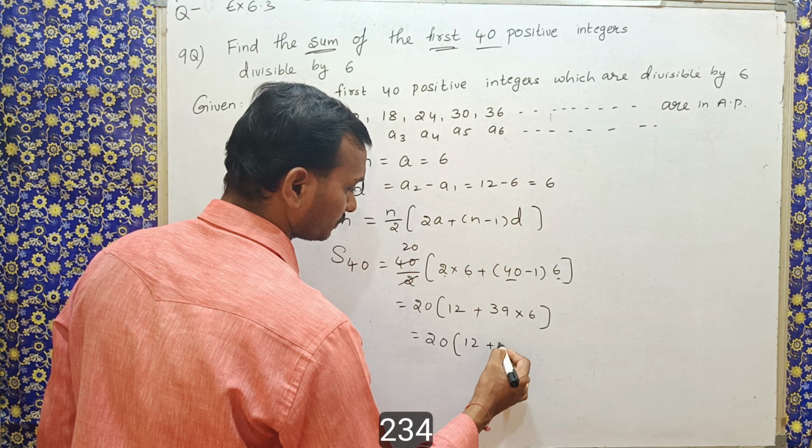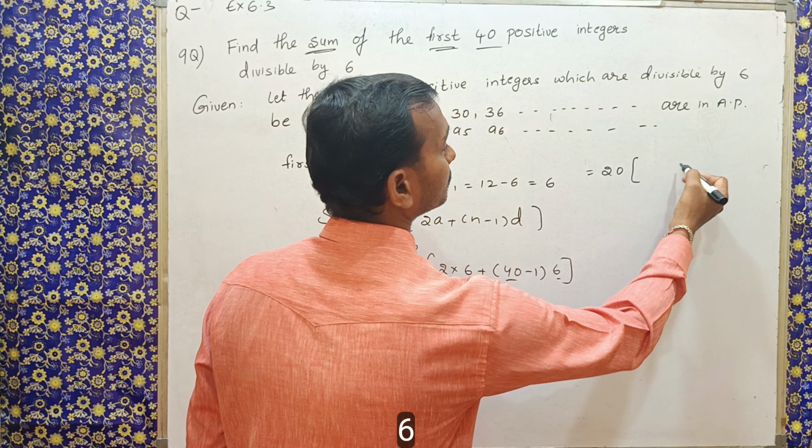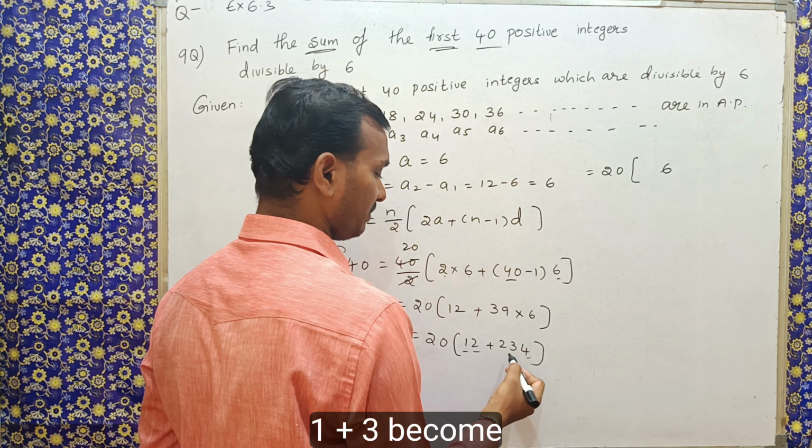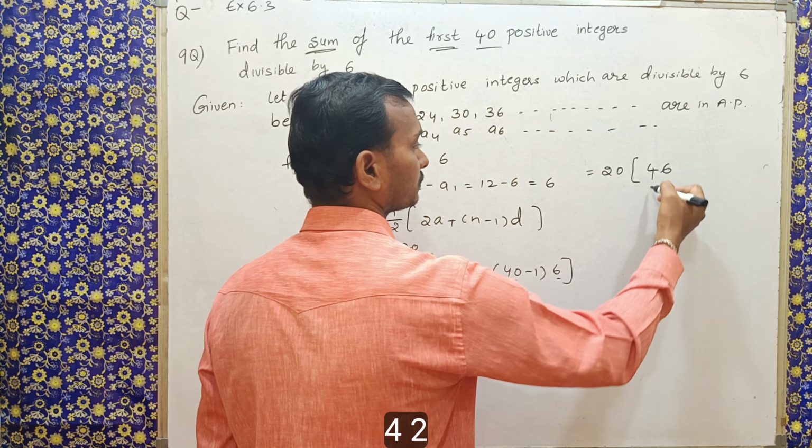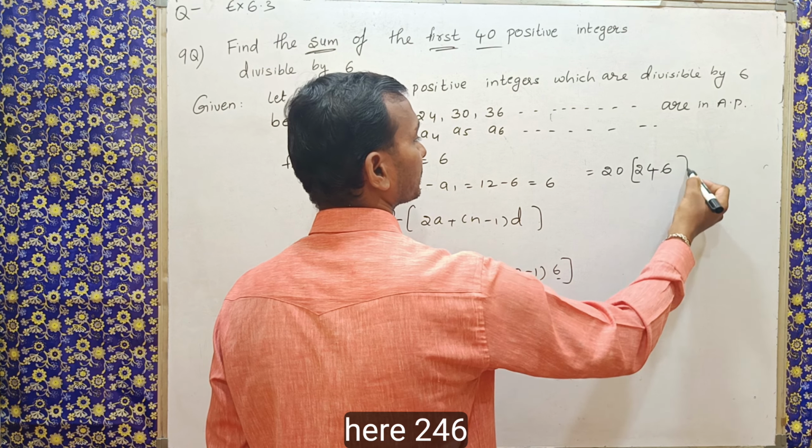Now do this addition. 2 plus 4 becomes 6, 1 plus 3 becomes 4, and 2 here, so 246.